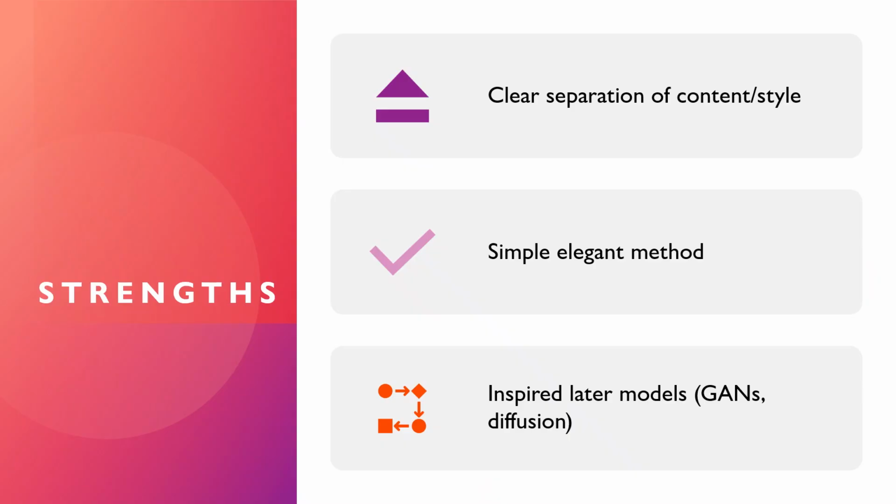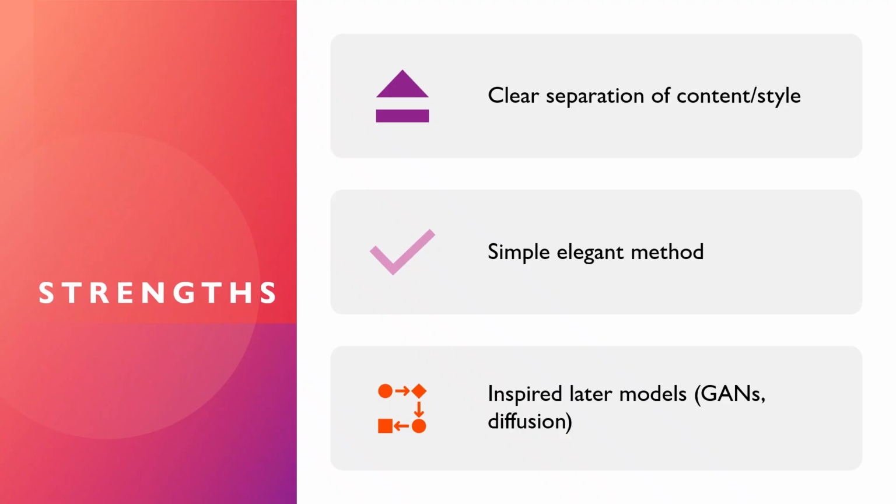Some of the major strengths of this paper are these: it is a very simple but powerful idea, and it uses a pre-trained network, so no extra training is needed. Also, it produces high quality artistic results.